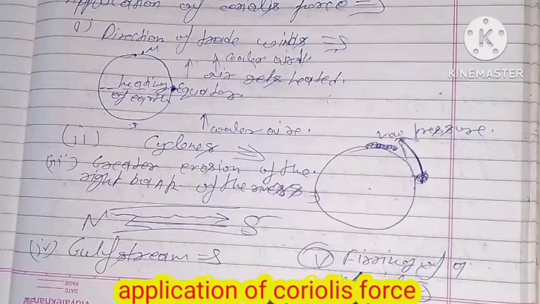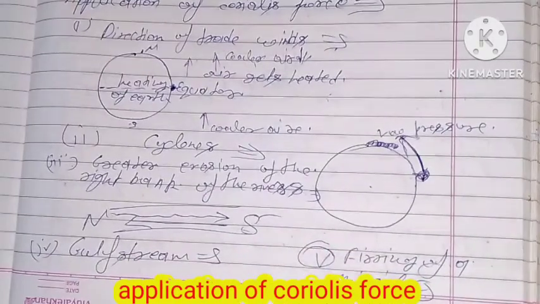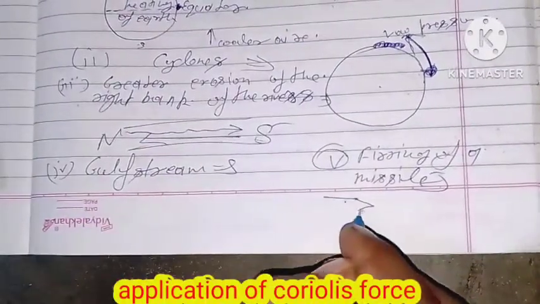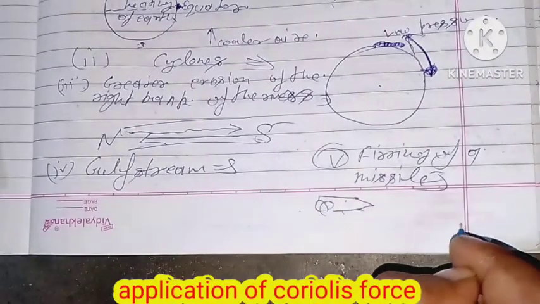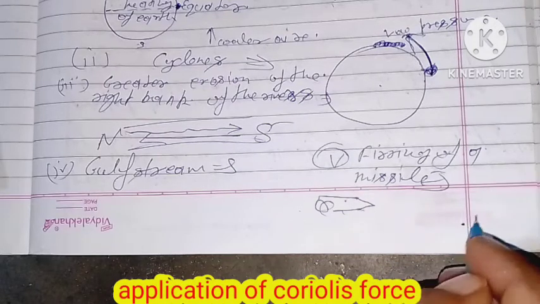Therefore, while firing a missile, the deviation due to Coriolis force is taken into account in calculating the direction of the target. Let this be the missile, and this is the direction of target.